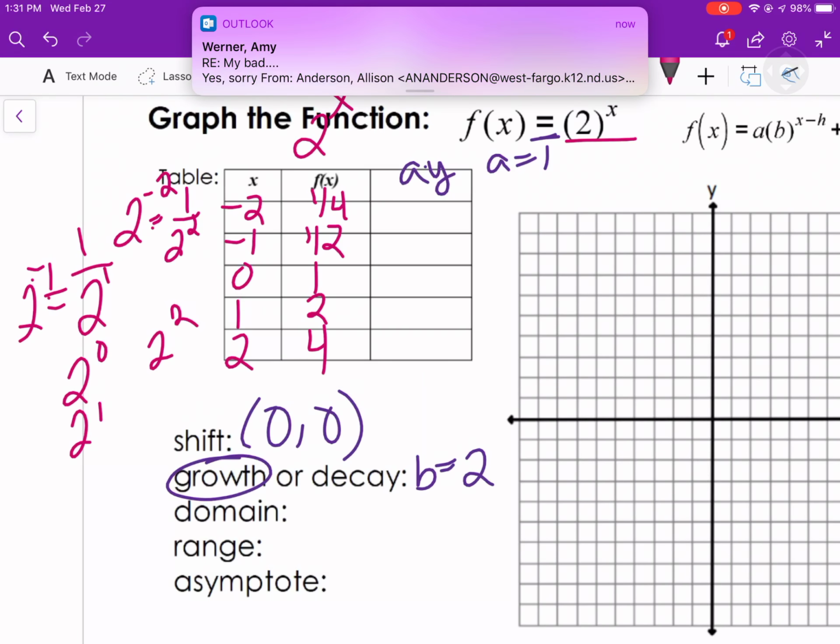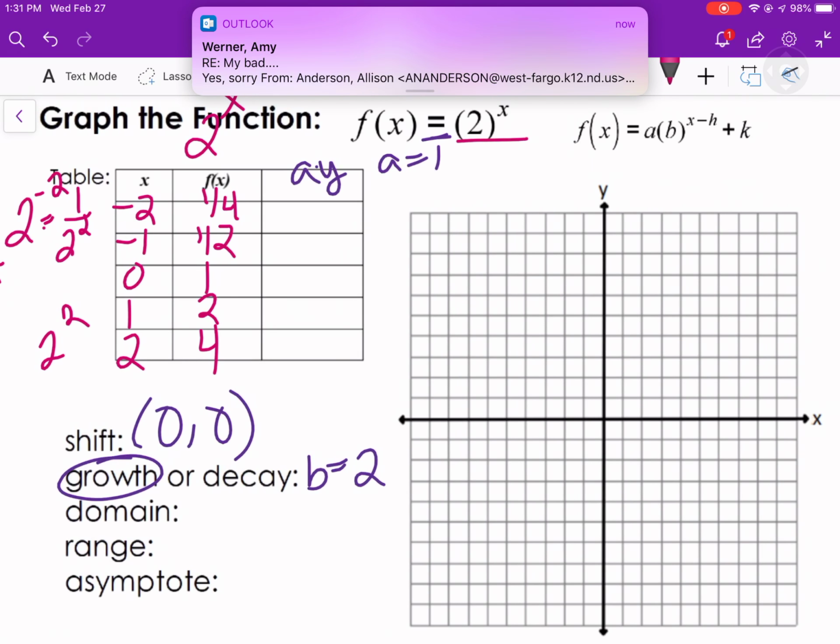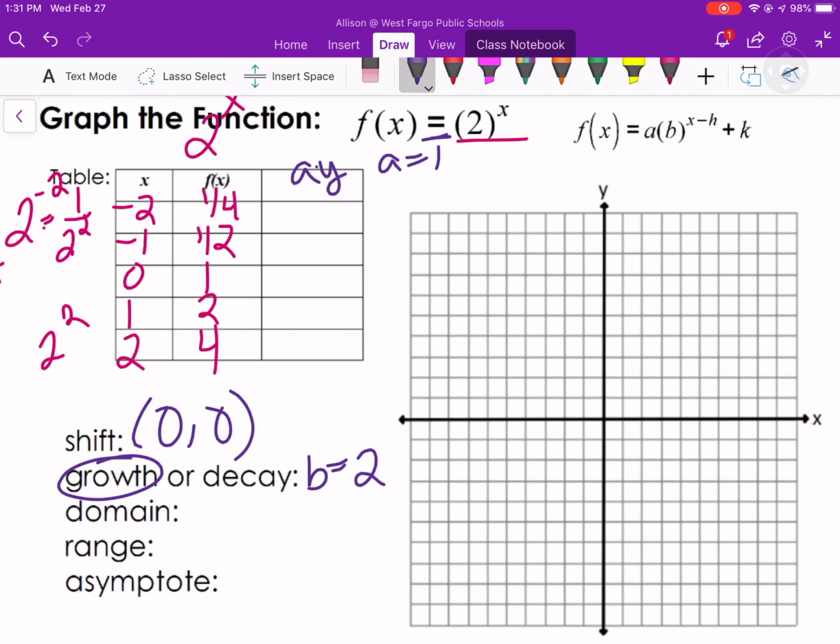Let's graph it, and then you should be able to see the domain, range, and asymptotes. So I'm just going to graph these ordered pairs. So negative 2, 1/4. I'm going to go to the left, negative 2, and up 1/4. It's a little high, but I'll do my best on the computer here. Then over negative 1, up 1/2. Oops, I'm off.